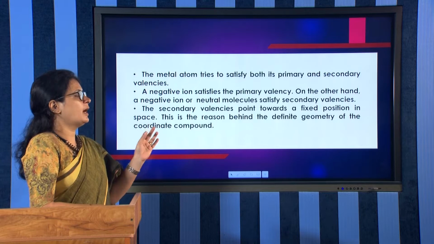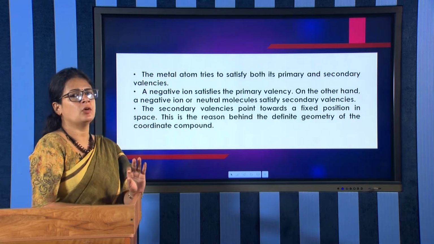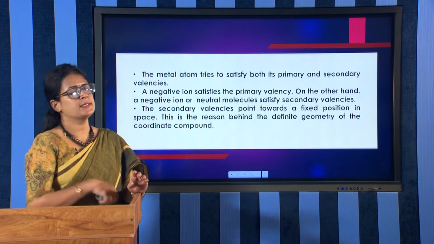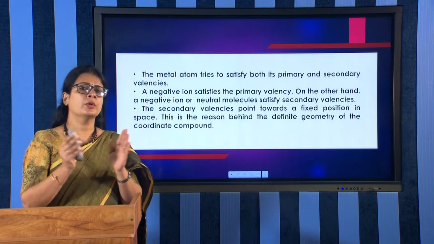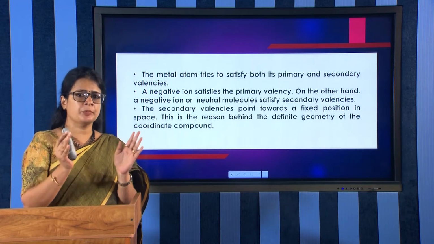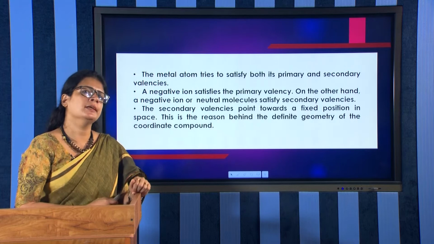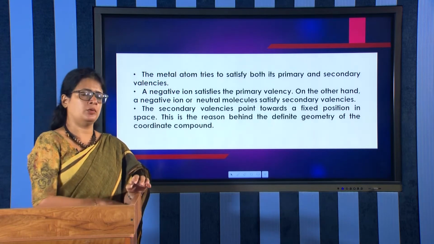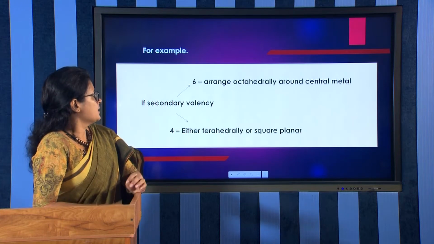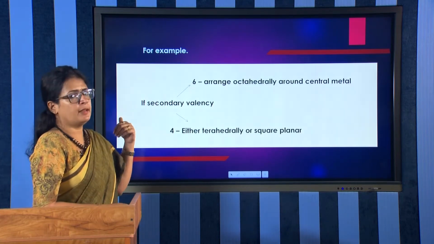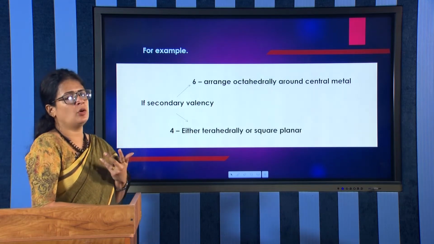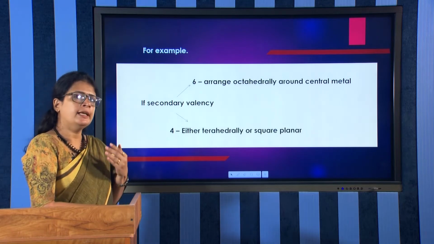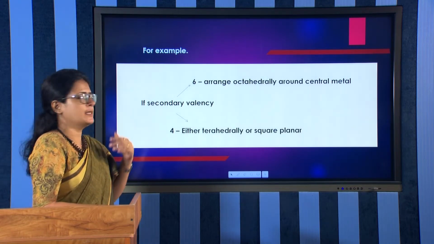That is the reason behind the definite geometry of a coordination compound. Since the secondary valencies are oriented to fixed positions in space, that determines the shape or geometry of the coordination compound. In coordination chemistry we usually deal with coordination numbers 4 and 6.